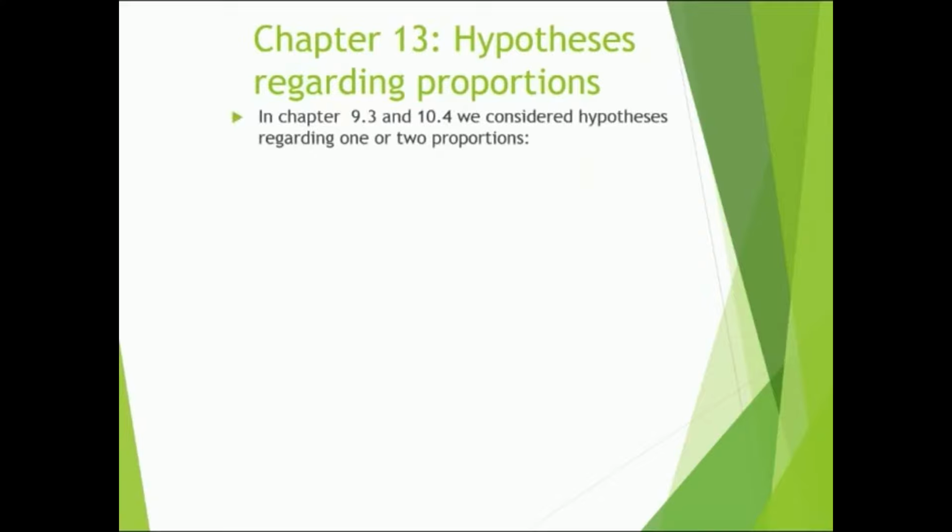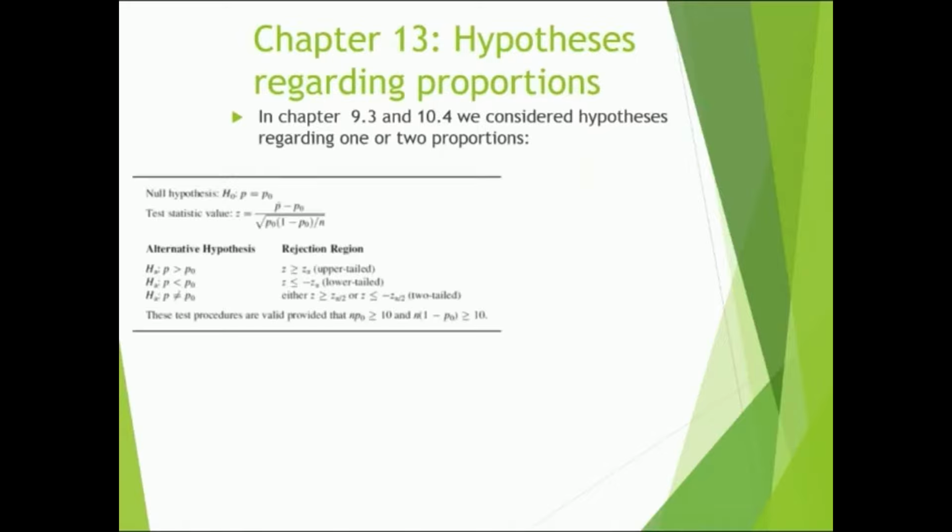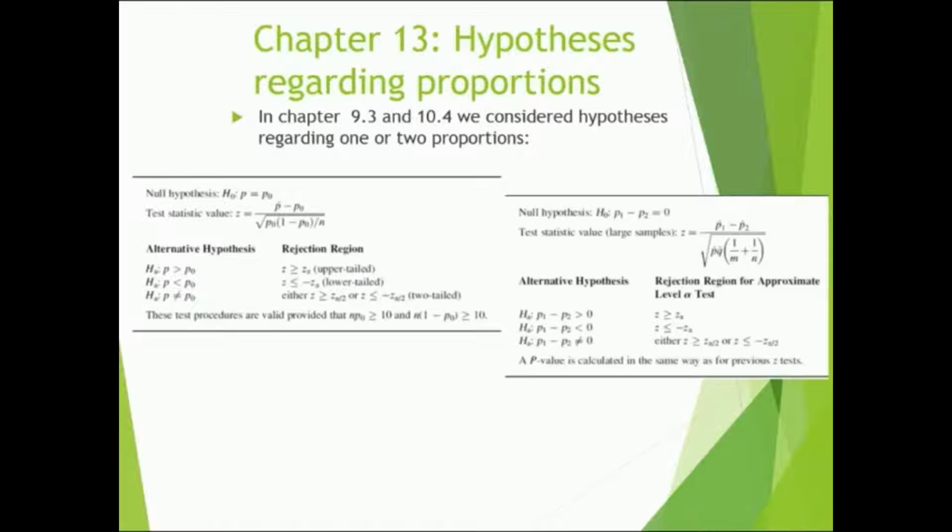And there's the summary of your procedure when you compare two proportions from two independent samples. Now, the theory for the one sample and the two sample case was based on the normal approximation to the binomial distribution. Now, the procedures in this chapter are going to be based on a generalization of the binomial experiment.